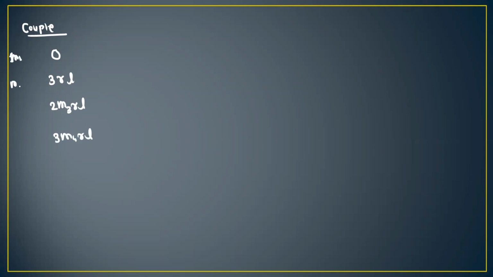This is m2, m3, and m4. Now in the problem, the R value and L value are not given. So we will assume the values of R and L, or we can directly select the scale as, for the couple polygon, 1 centimeter.